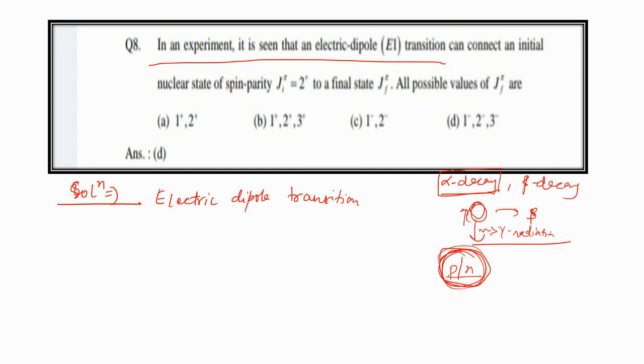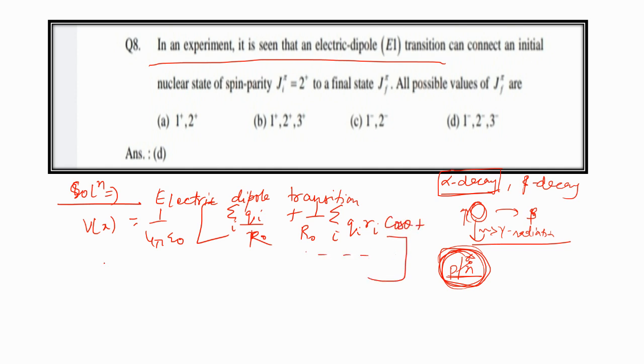Now for this proton and neutron, their potential at any point x can be expanded as V(x) equals some terms like 1 upon 4 pi epsilon naught, qi upon r naught, plus 1 upon 4 pi epsilon naught, qi upon capital R cos theta, plus some other terms.